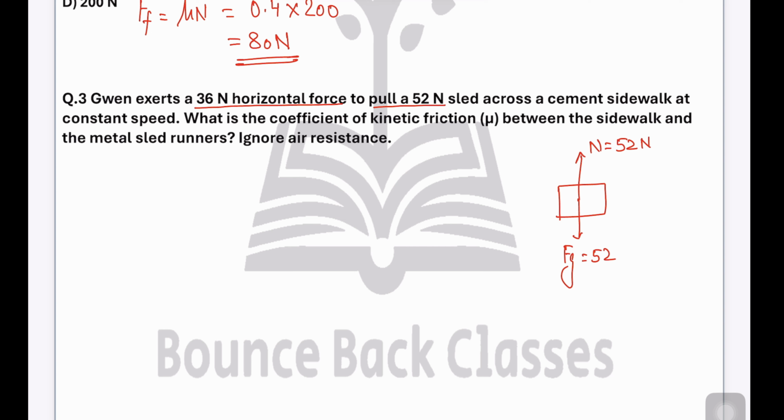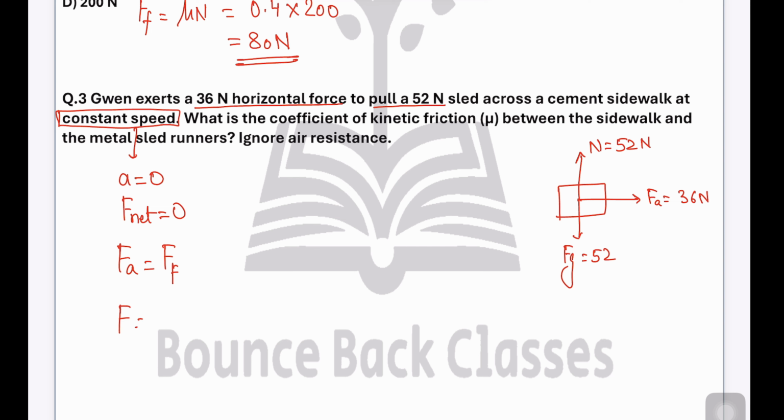And this is the applied force, 36 Newtons, across a cement sidewalk at constant speed. What is the meaning of constant speed? Acceleration is 0, F net equals 0. It means applied force equals force of friction.